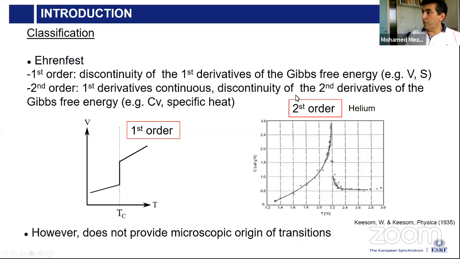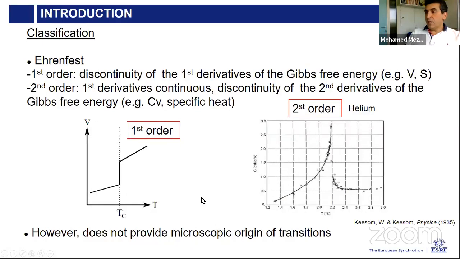And for a second order phase transition, again, in the case of helium, when helium goes from the normal to the superfluid state, it undergoes a phase transition where there is no volume change, but you have a singularity in the specific heat, as you can see here. The shape looks like a lambda. Actually, that's why we call this transition the lambda, the famous lambda transition.